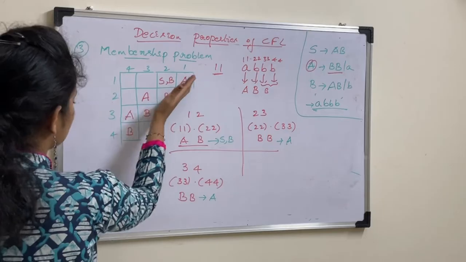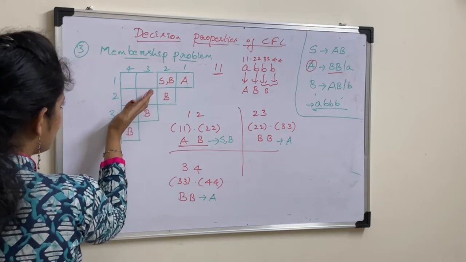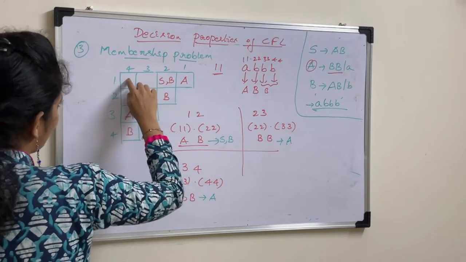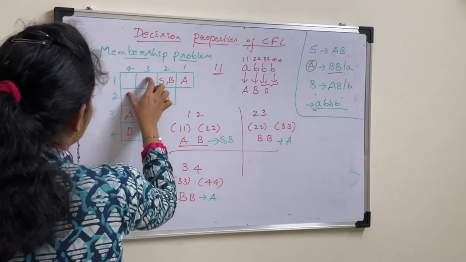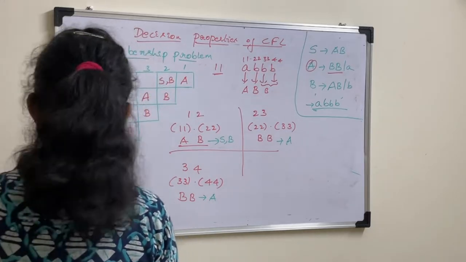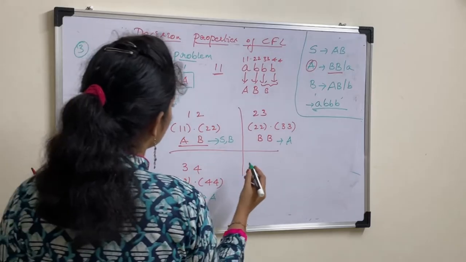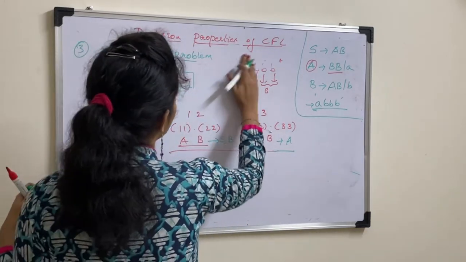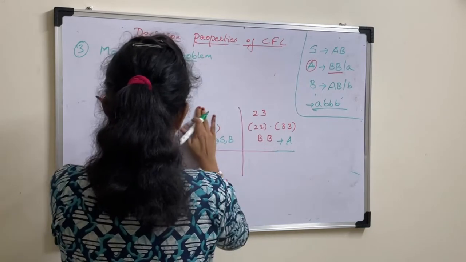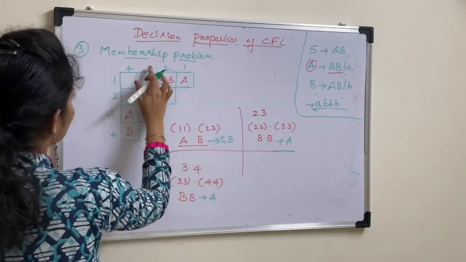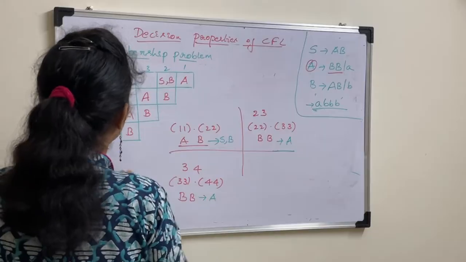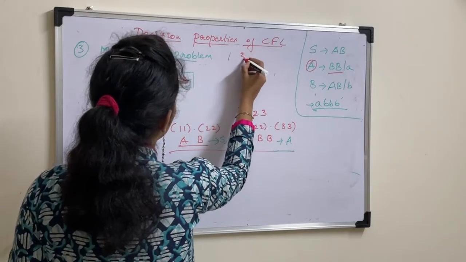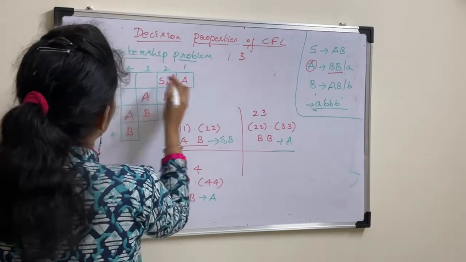These are 1 length string, 2 length string, 3 length string and 4 length string. Now we need to take 3 length strings. 3 length means 1 3. 1 3 can be written as 1 2 3.